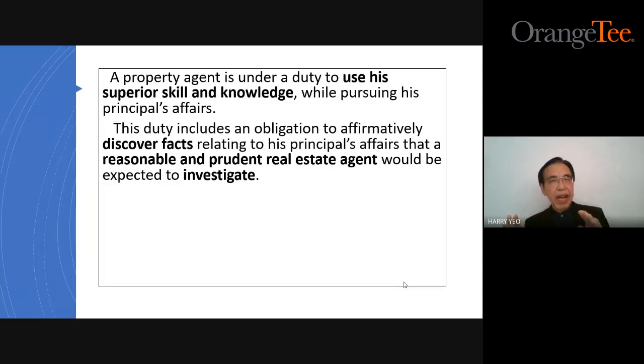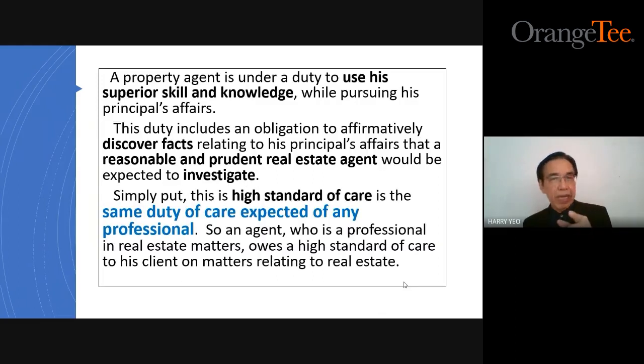Once you're appointed, the minimum standard is that you must exercise due diligence by doing a land title search to find out who are the owners, how many owners are there, and to get all owners to sign the document. And you can find out whether it's a freehold property or leasehold, etc. That is the minimum standard of due diligence expected of an agent under the Code of Ethics and Professional Client Care. So we have a certain standard of practice that is expected of us.